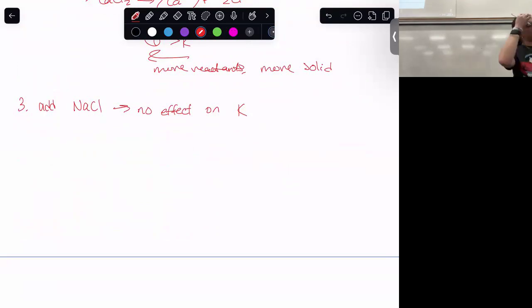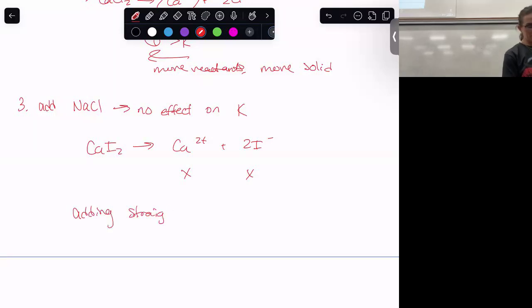How would that happen? Let me think. We have calcium iodide that has calcium 2 plus and 2 I minus, and this has a concentration. Then you add more solid, I don't think it would do anything if you're adding straight solid. The Ksp has to be the same. Yep, this Ksp has to be the same. It's already at its equilibrium.